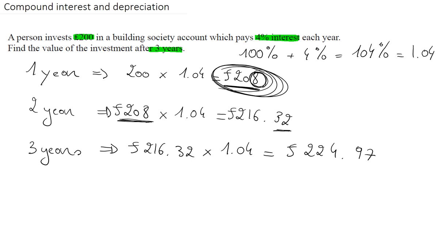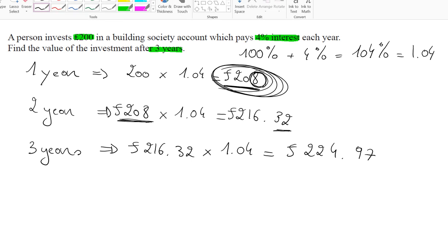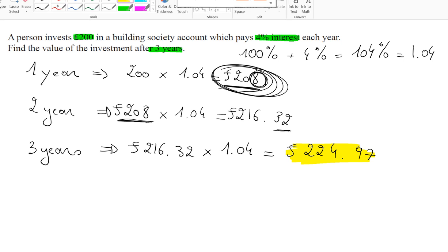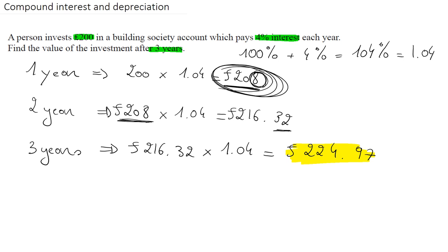So after 3 years, my investment is now worth £224.97. Sorry, so £224 and 97 pence. Now, it took a while for me to actually get that answer to 224.97.